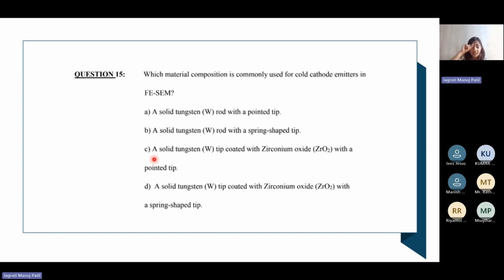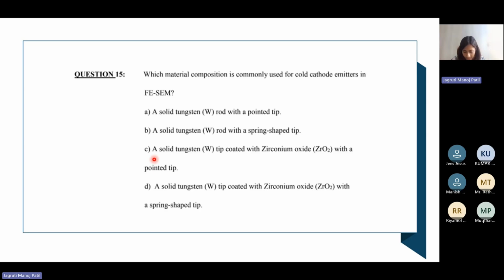Okay. So, last question. Which material composition is commonly used for cold cathode emitters in field emission scanning electron microscopes? We know that it's tungsten, but is it coated with something else, or which type of tip does it have?